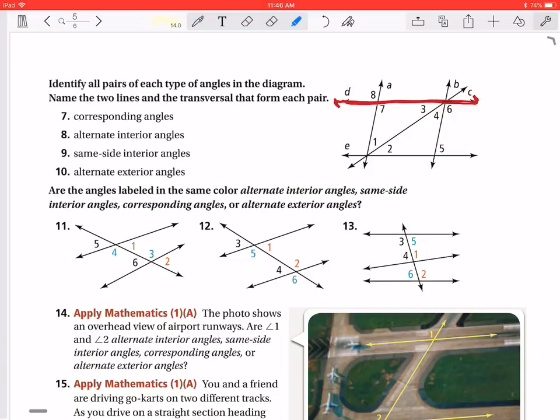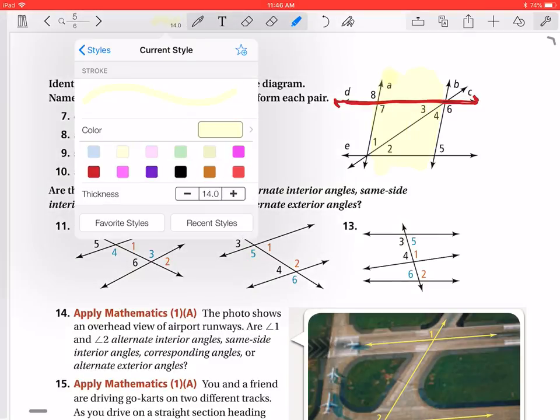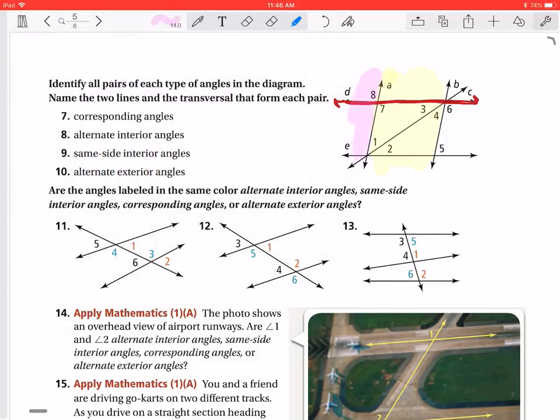Let's say it's transversing the two lines A and B. And then we have interior, okay? And then we also have exterior, so that's going to be outside our lines. All right, so we've highlighted the interior of our lines and our exterior.